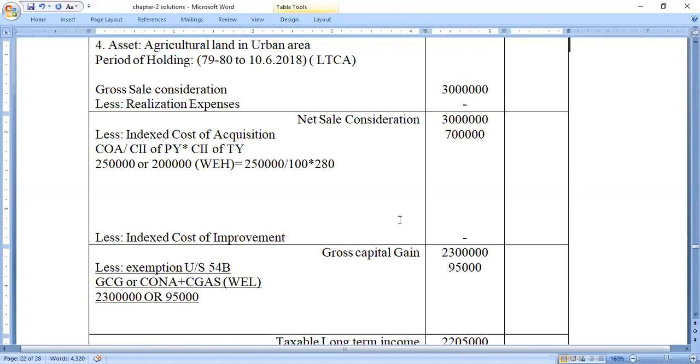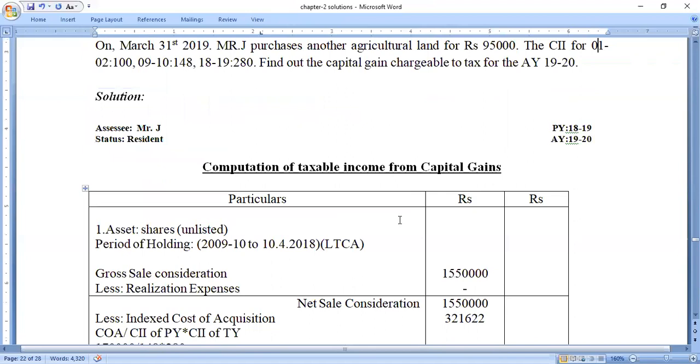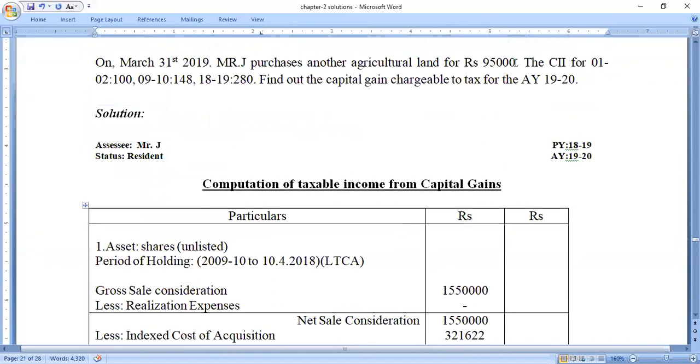And if you observe the problem, the assessee has purchased new agricultural land for rupees 95,000. So he is eligible to claim the exemption under section 54B.